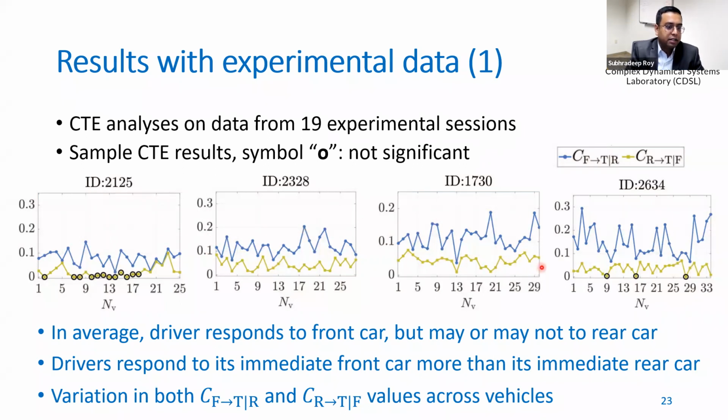This is because in the real world, human drivers do not behave similarly. There is a lot of heterogeneity, and this could also be due to performance differences in the vehicles. So that led to the differences in the variation of these conditional transfer entropy values.